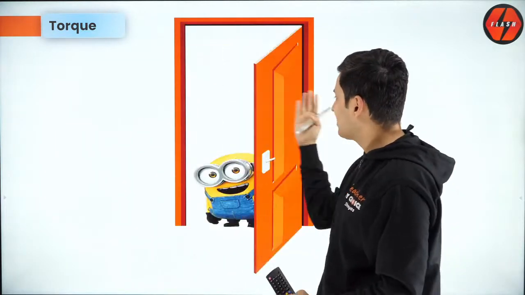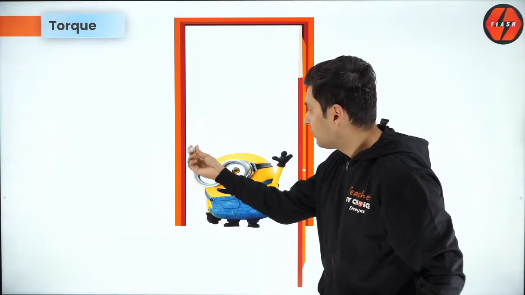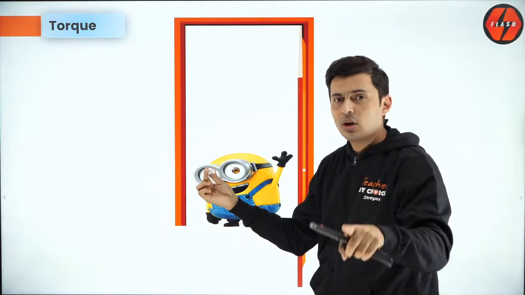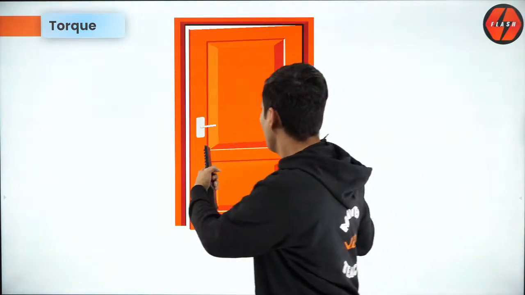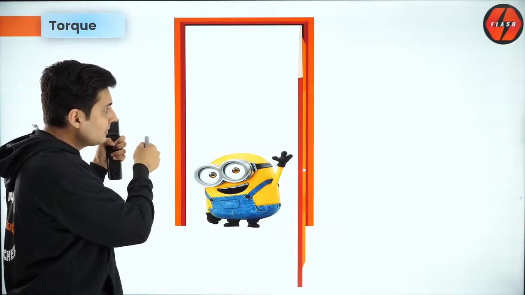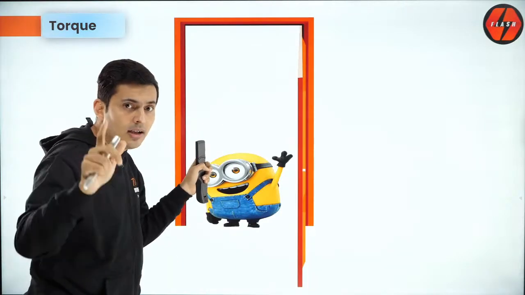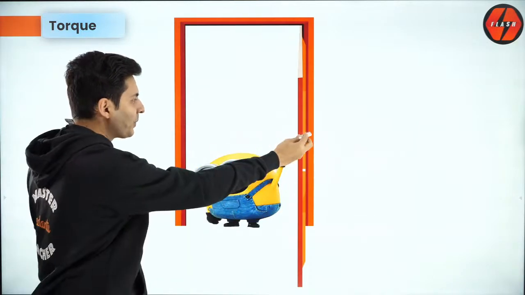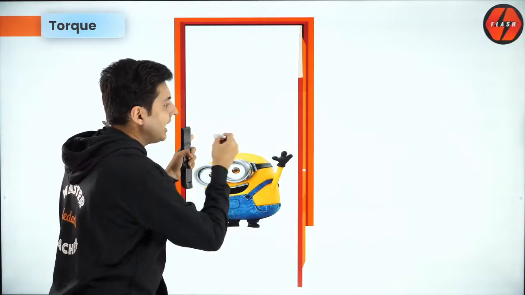Now imagine the door is like this. I will obviously open the door like that. That means the force will be towards you, right? It would be foolish of someone to actually pull the door this way. Imagine if you pull the door like this, I don't think it's going to open up. So understand, the force has to be applied as far away as possible, but it should be applied perpendicular to the line joining the point of force and the axis.